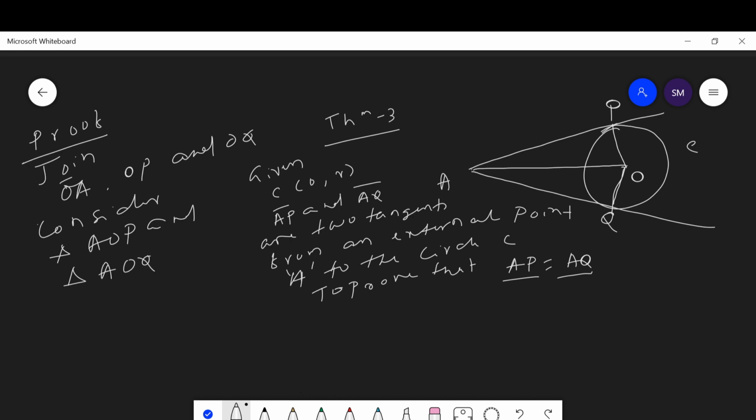As we know, OP is equal to OQ because they are radii of the same circle, and OA is equal to OA, the common side.